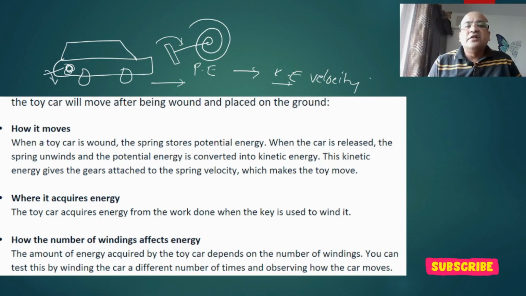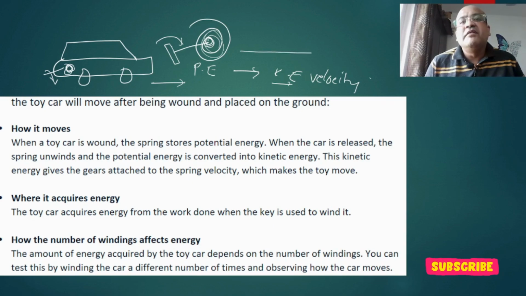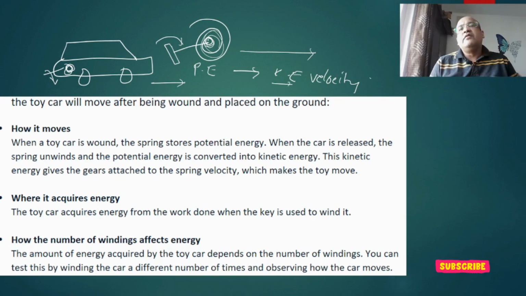The amount of energy acquired by the car depends on the number of windings, how many times you turn this coil. The more the windings, the more will be the velocity, and the distance covered by the car will be more. So the different the number of windings, the different the distance traveled by the car.